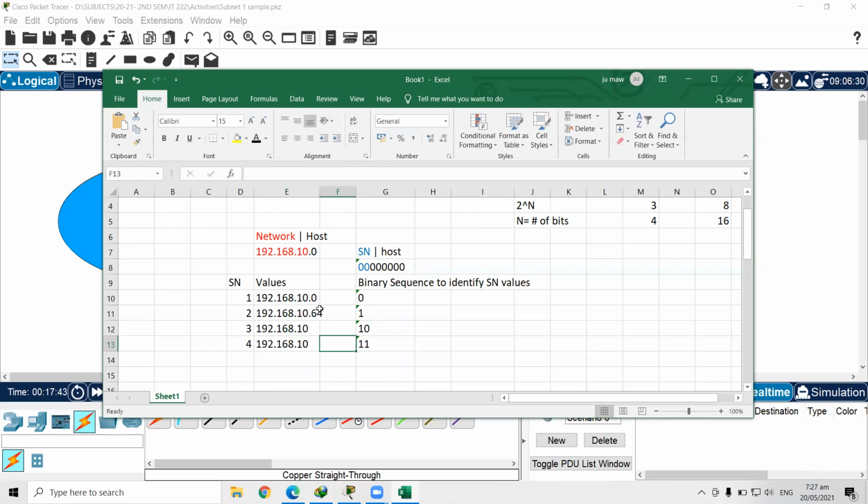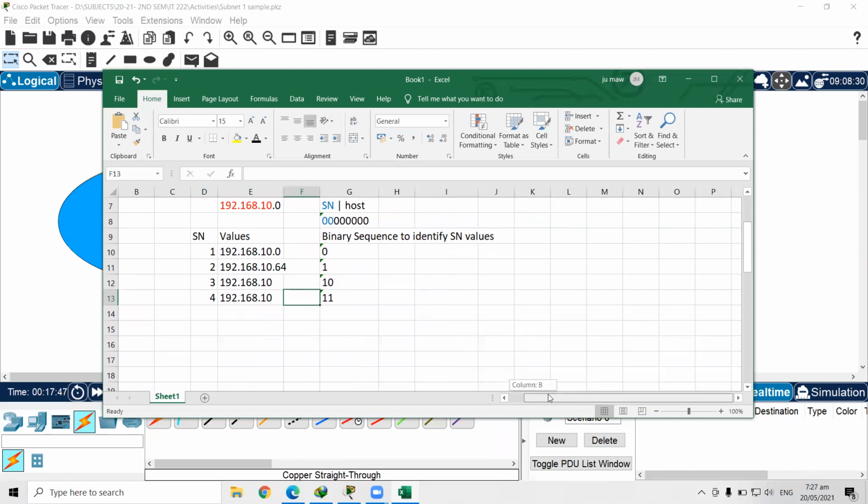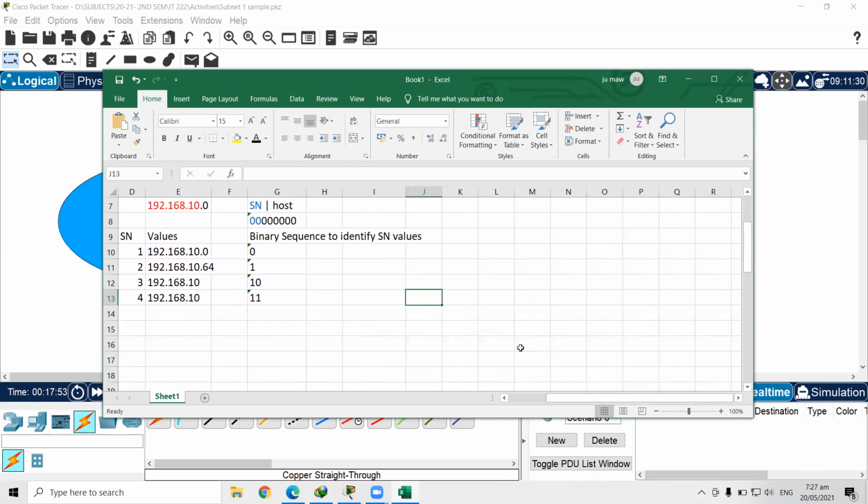Sir, paano naging 64 yan? Paano ba yan kinukuha? Okay. Balikan natin yung positional values. Meron tayong 128, 64, 32, 16, 8, 4, 2, and 1. 1, 2, 3, 4, 5, 6, 7, 8. So, 8 to siya.